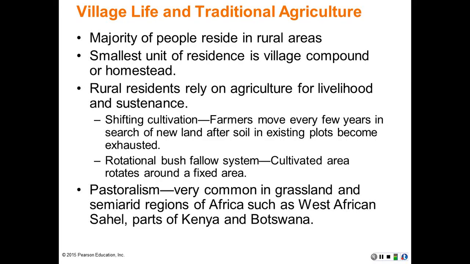There is also pastoralism, commonly practiced in the grasslands and semi-arid regions of Africa, such as the West Africa Sahel, that transition zone between the more tropical West Africa and the southern part of the Sahara, as well as parts of Kenya and Botswana, also semi-arid grasslands.